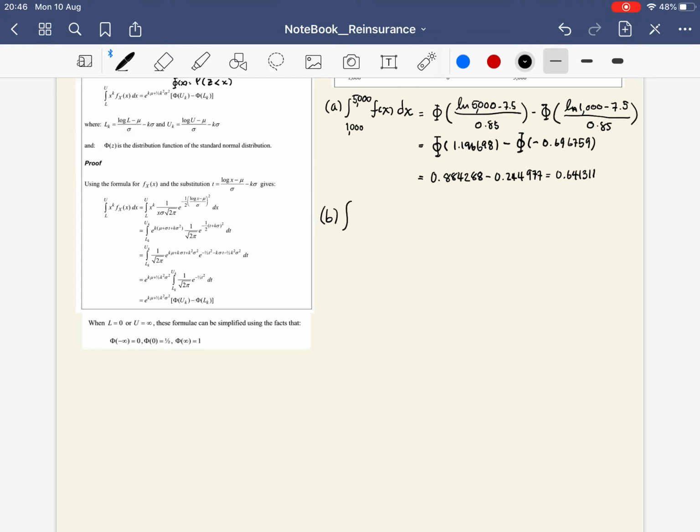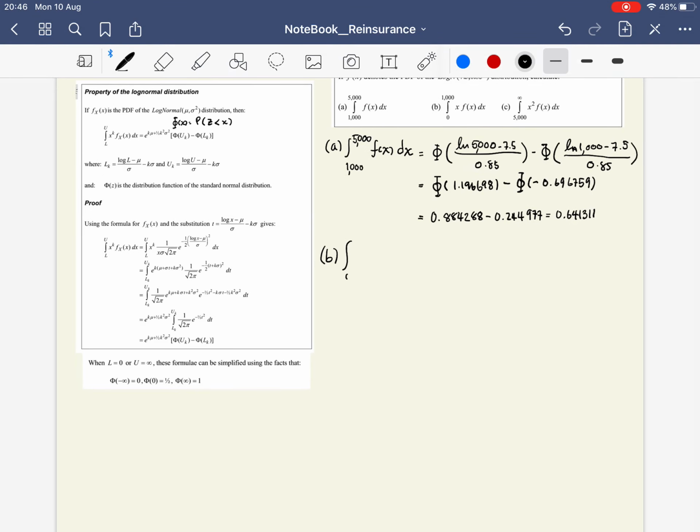Okay, and then part B. Now we have the integral from 0 to 1000 of x f(x) dx. So now k is not 0 anymore, k is 1, so we have e to the power of k mu, which is mu because k equals 1, plus one half sigma squared, 0.85 squared.